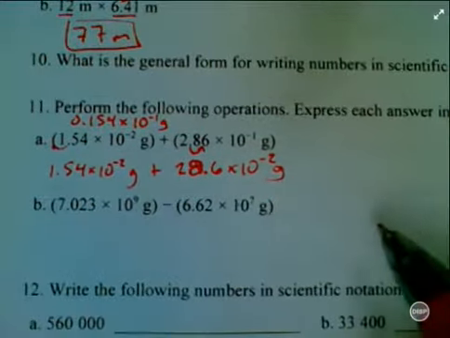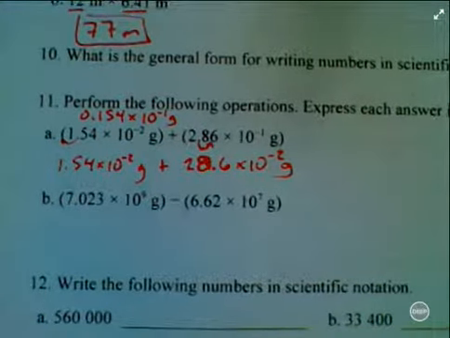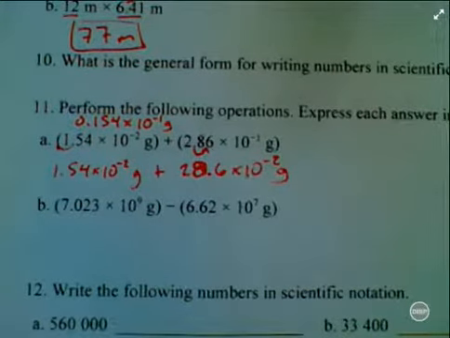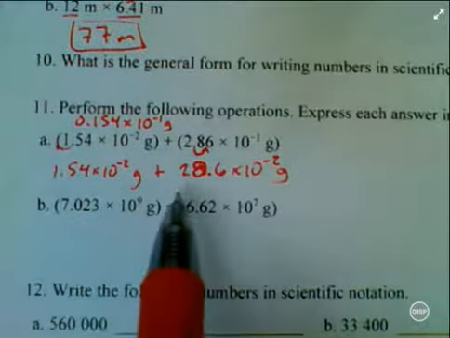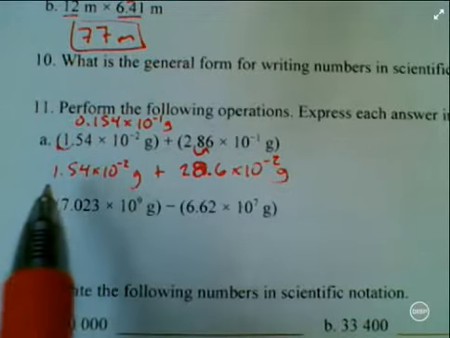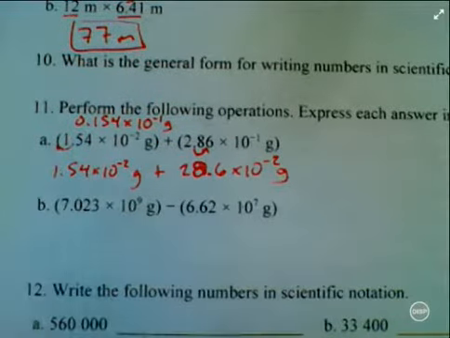Either of those will get you the same number. Now, it might not be in proper scientific notation because the number you get might not be between 1 and 10. For example, the 28.6 right here, you can tell that adding 1.54, it's not going to be between 1 and 10. You're going to have to move that decimal.